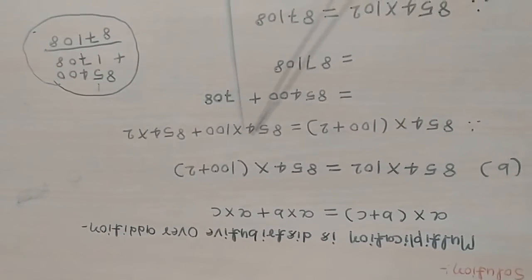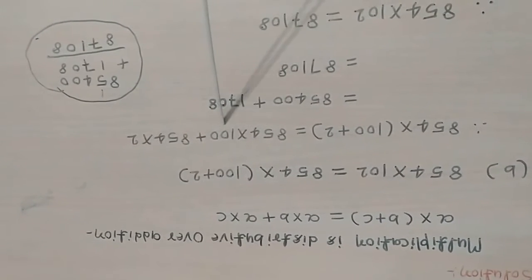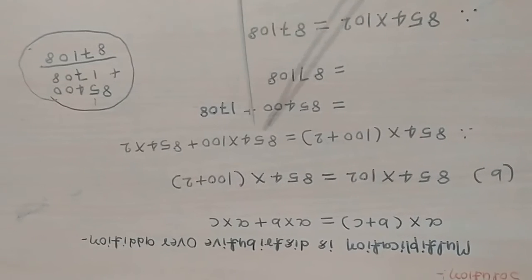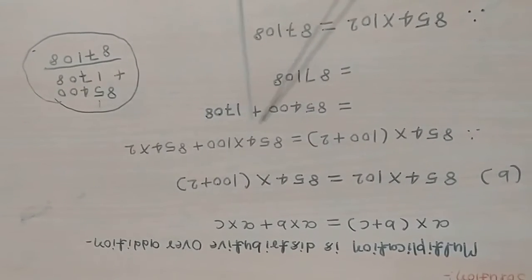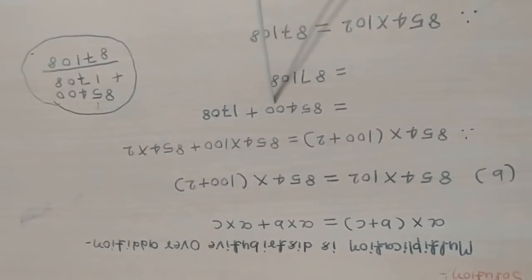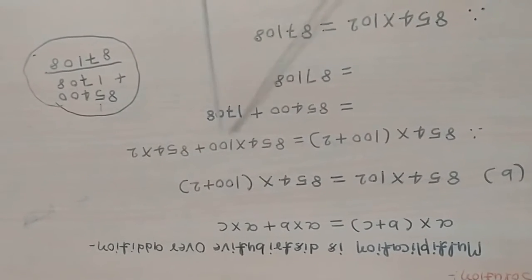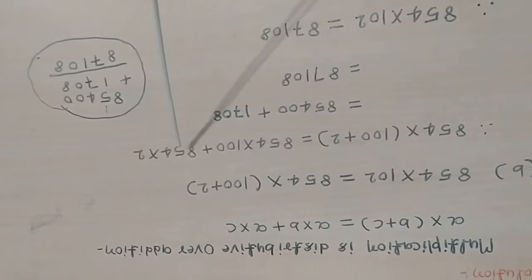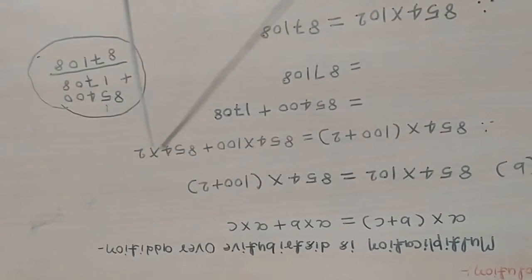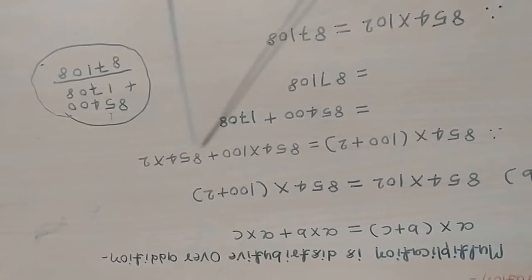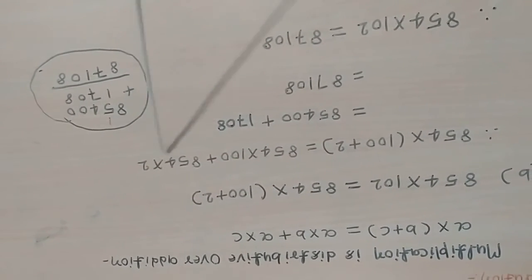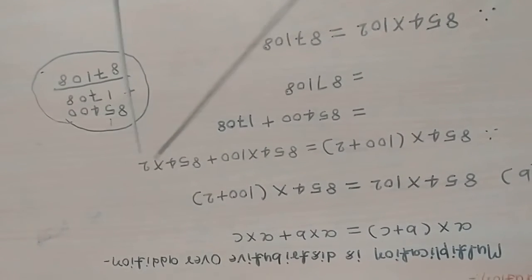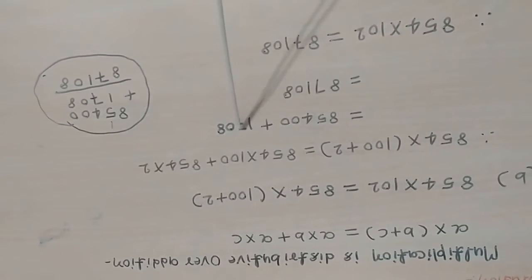The multiplication of 854 into 100 is 85,400. First we write 854, after this we write two zeros. So it becomes 85,400 plus the multiplication of 854 into 2. 2 times 4 is 8, 2 times 5 is 10, 0 carry 1, and 2 times 8 is 16, plus 1 is 17.